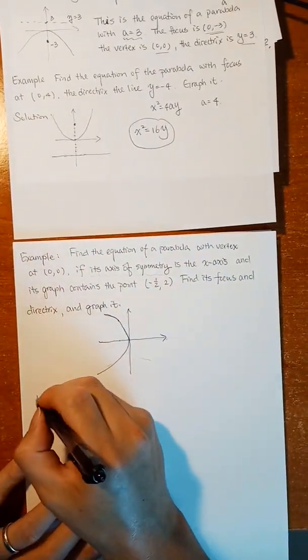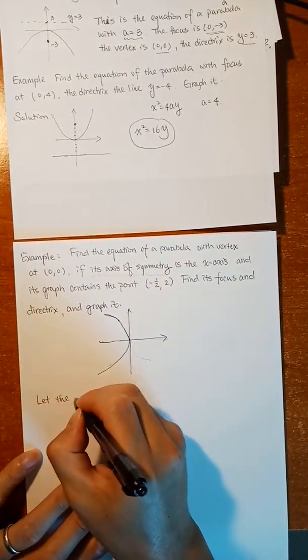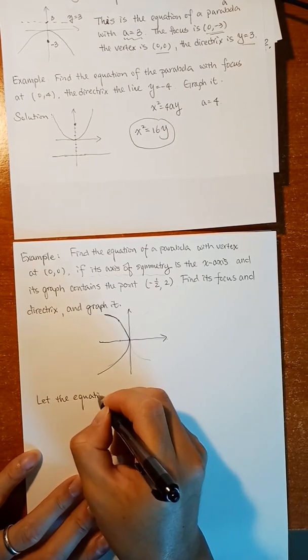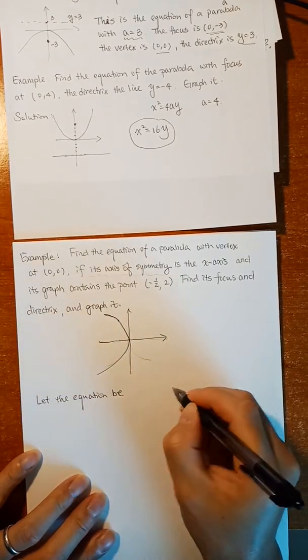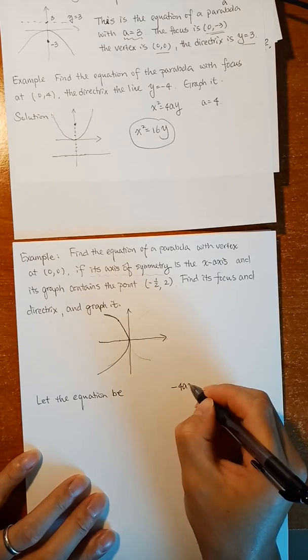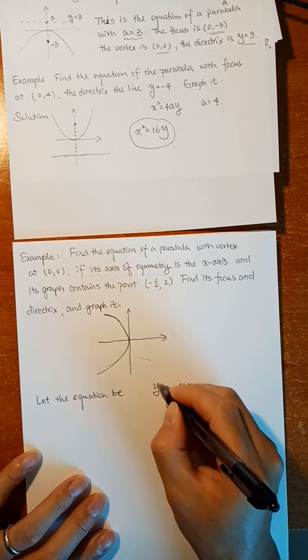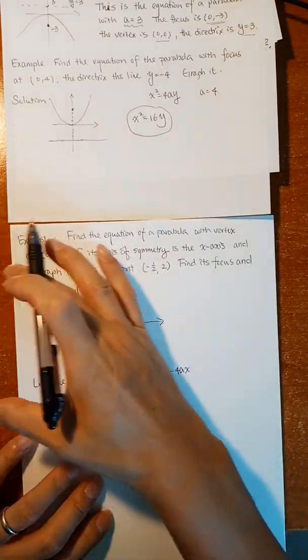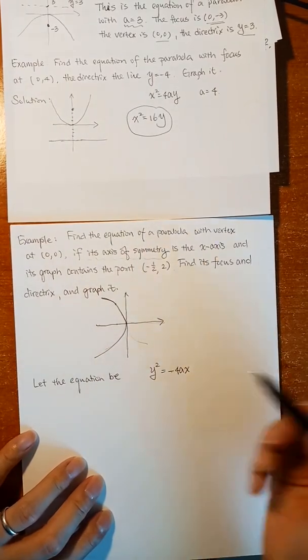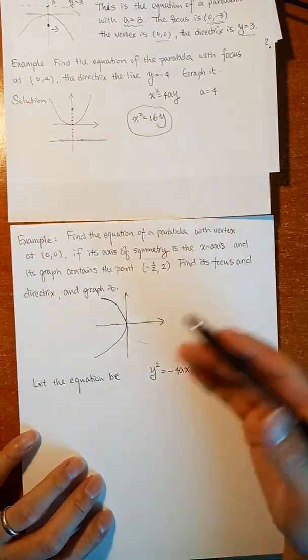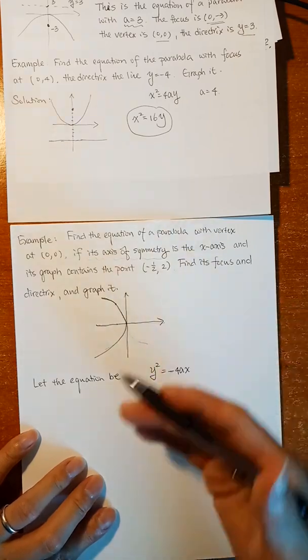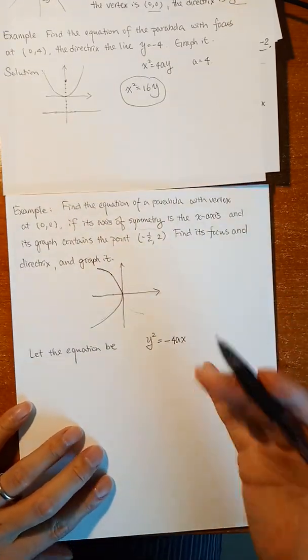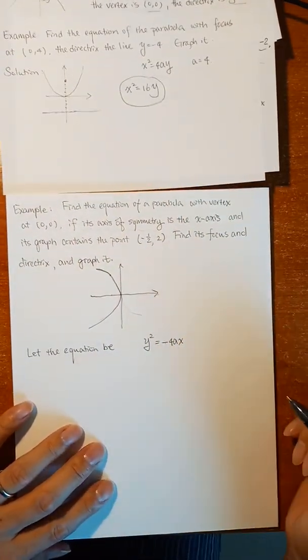So let the equation be -4ax. Remember, y squared. -x, and 4a is always 4a. -4ax, -4ay, +4ax, +4ay. There's always 4a there.